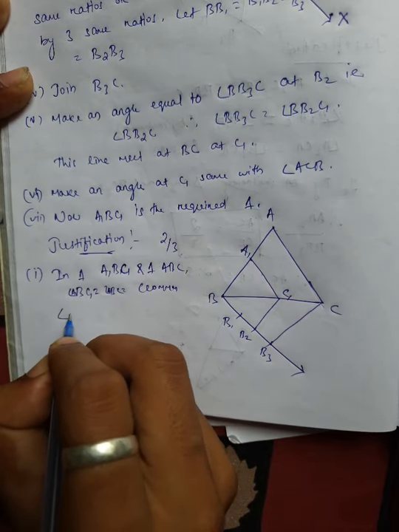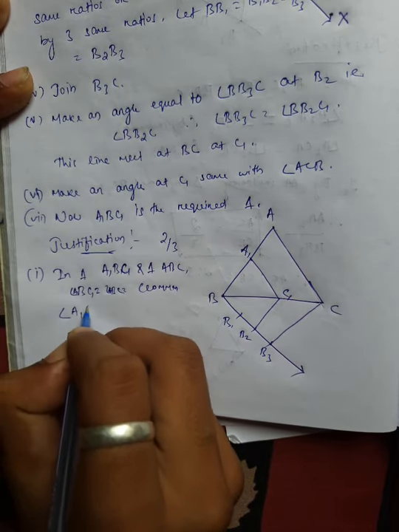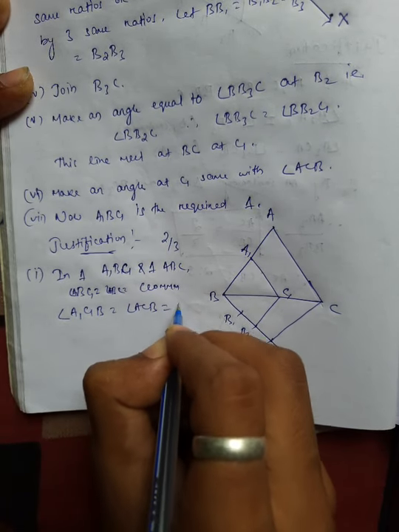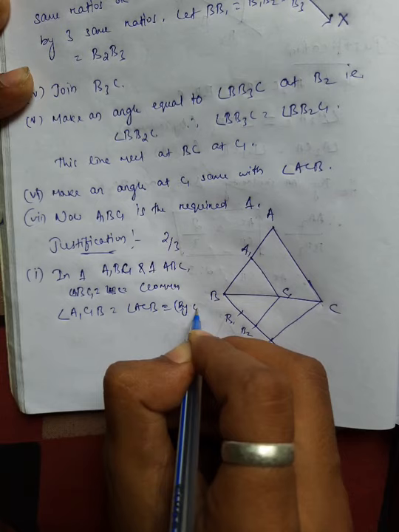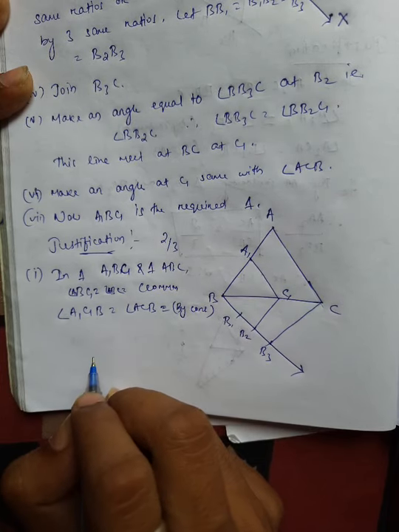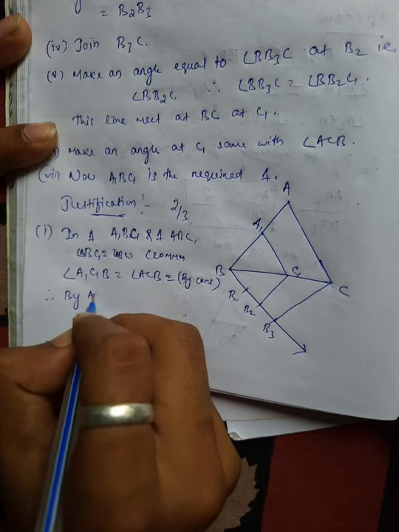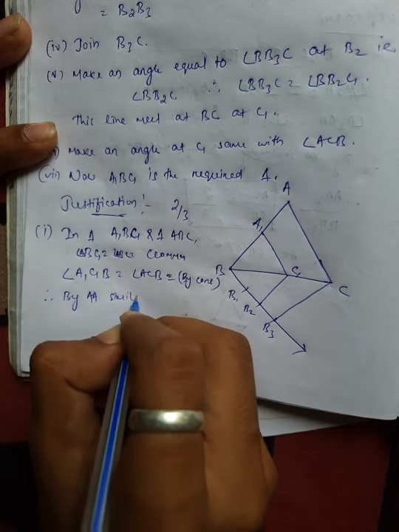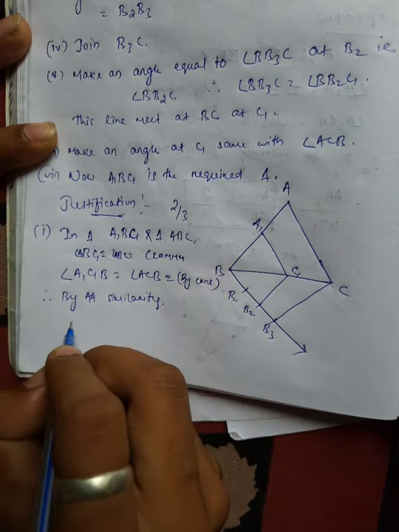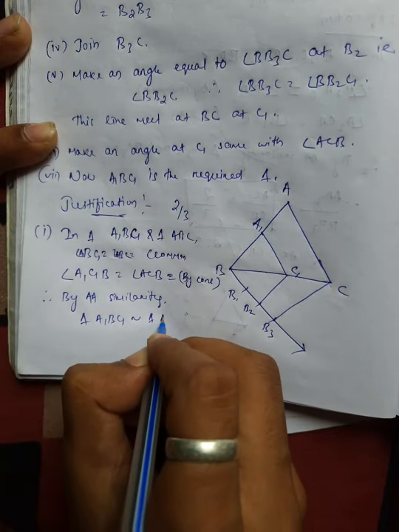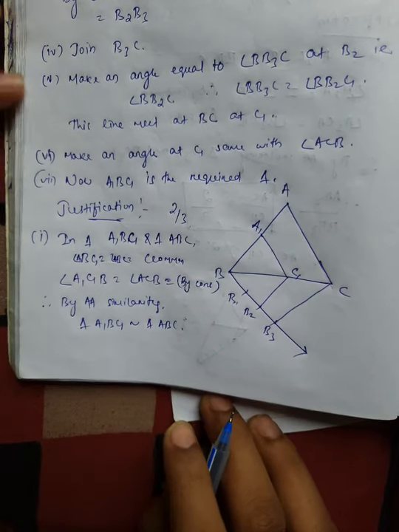Also angle A1C1B equals angle ACB by construction. Okay, therefore by AA similarity, triangle A1BC1 is similar to triangle ABC.